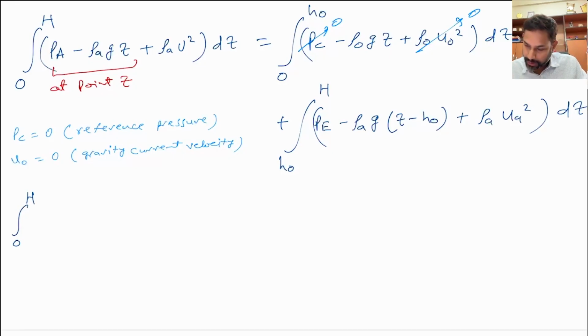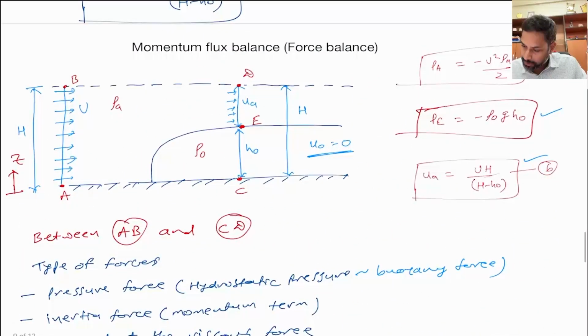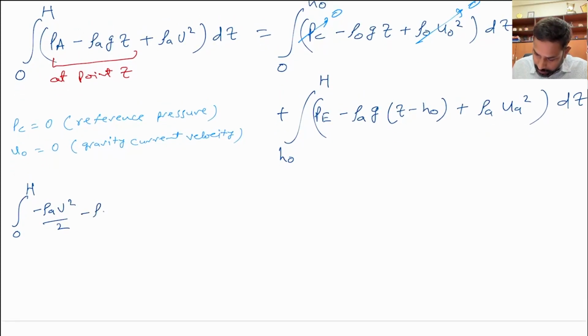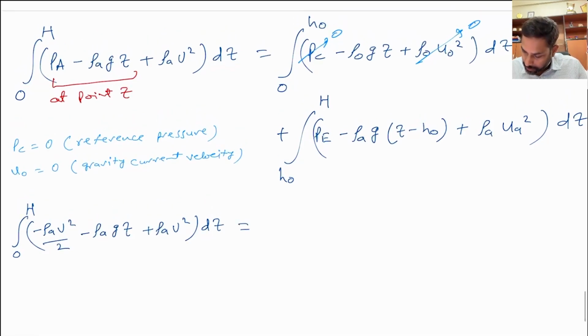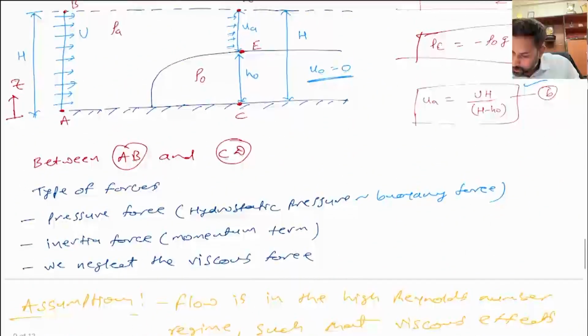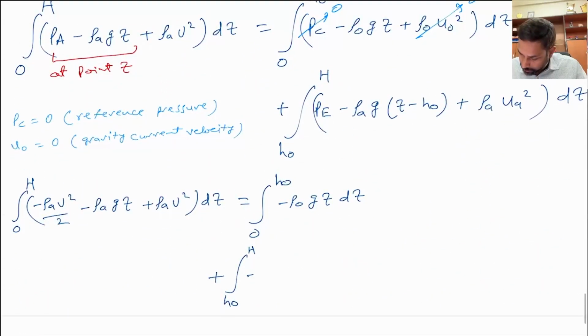0 to h, Pa is known, and that is equal to minus rho a u square by 2 minus rho a gz plus rho a u square dz is equal to 0 to h naught minus rho naught gz dz plus h naught to capital H. Pe is again known to us, that is minus rho naught g h naught minus rho a g (z minus h naught) plus rho a ua square. ua square is known, but we will only use it in the end.